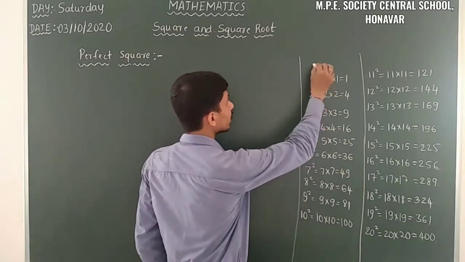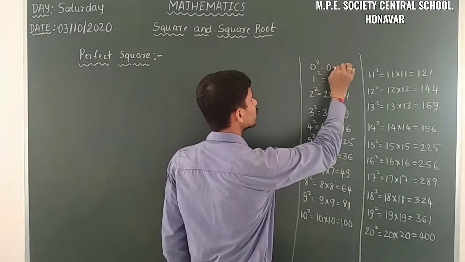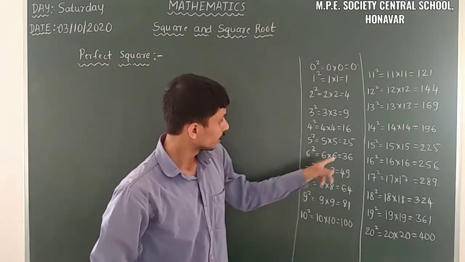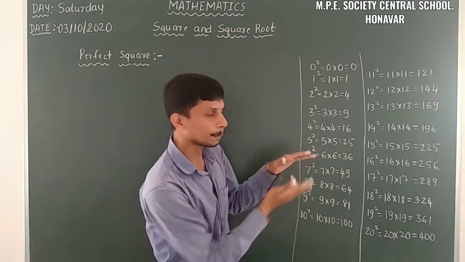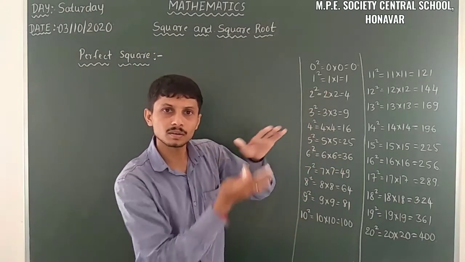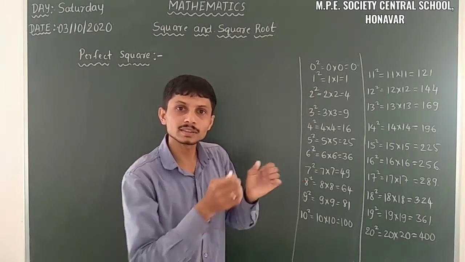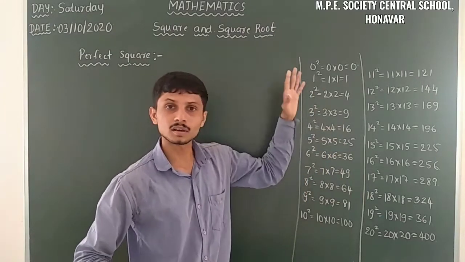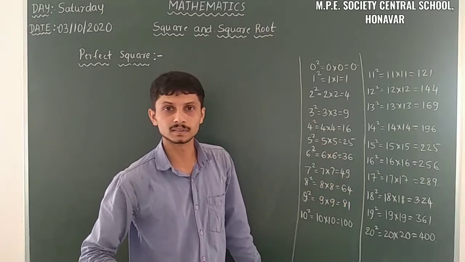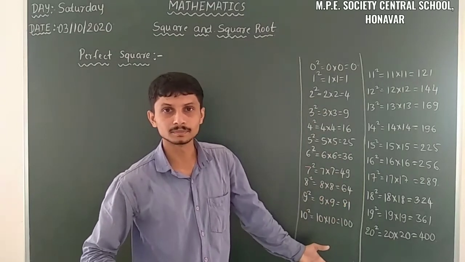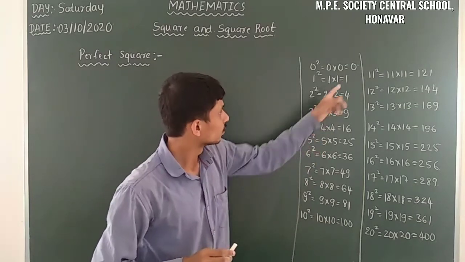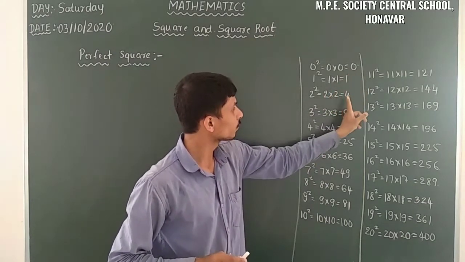So we can write 0 squared is equal to 0 into 0 is equal to 0. Here in between, 5 is there, and after that it repeats in the other direction. Likewise the pattern stretches on both sides, so the pattern is completed and repeated like that. Just observe here 0 is there, 1 is there, 4 is there.